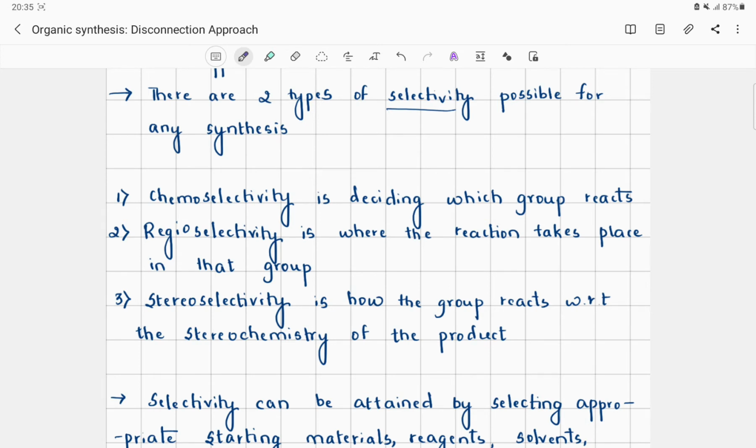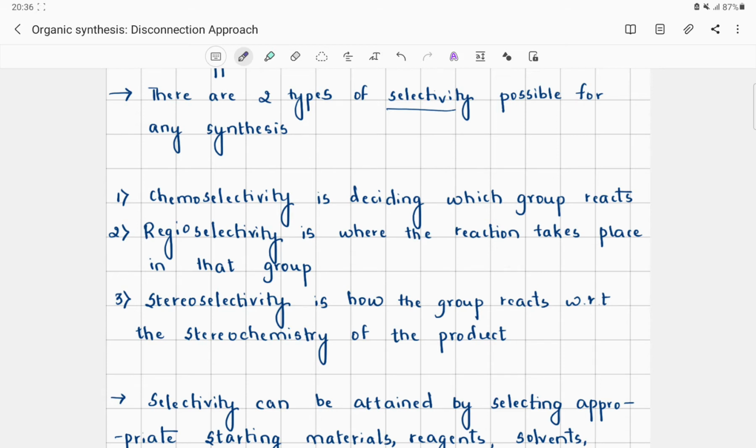The systems which fall into a retrosynthetic analysis would be, first, chemoselectivity. Chemoselectivity is to decide which group reacts, and regioselectivity is where the reaction takes place in that particular group.